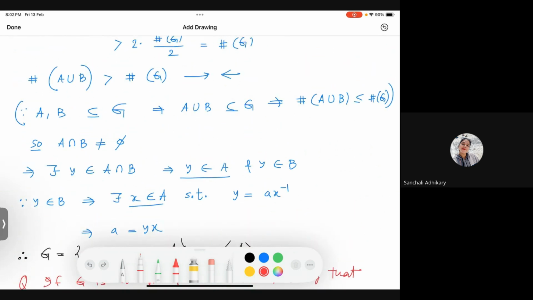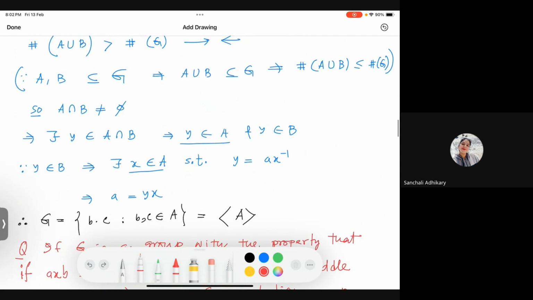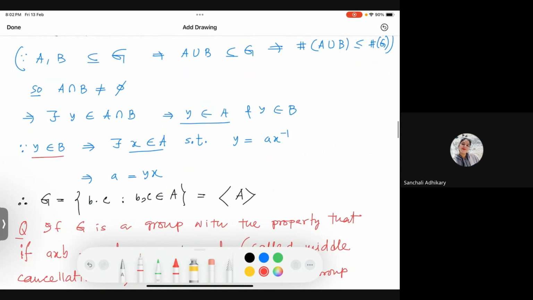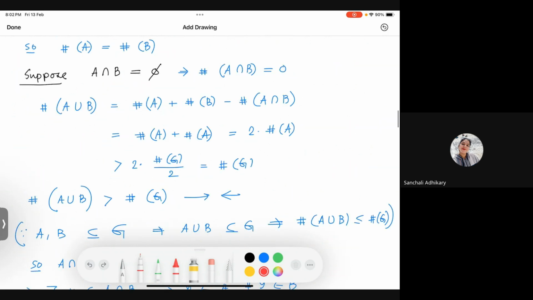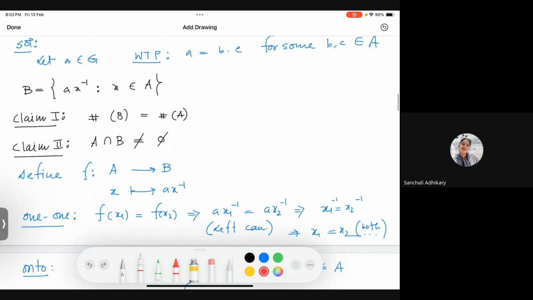Since this set is non-empty, there exists some Y belongs to both A and B. Now Y belongs to B. It will imply Y can be written as some A into X inverse, right? Where X belongs to the set A, and Y belongs to A because Y belongs to A intersection B and X belongs to A.